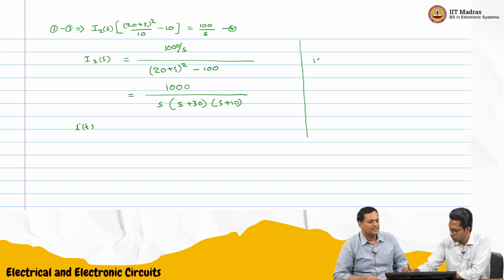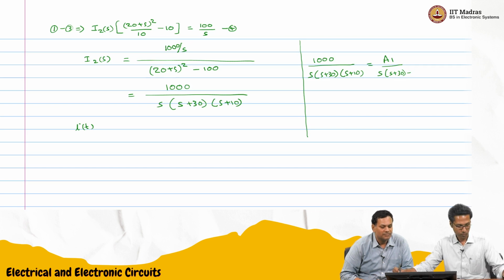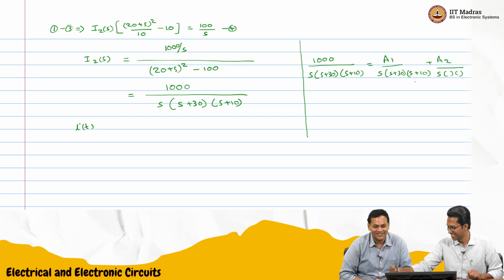So 1000 by S into S plus 30 into S plus 10 is equal to some A1 by S plus A2 by S plus 30 plus A3 by S plus 10.